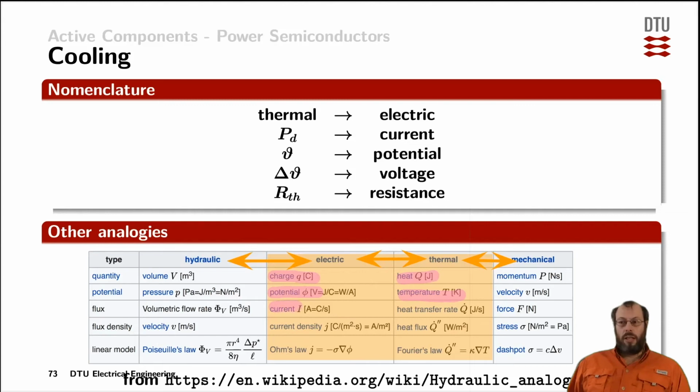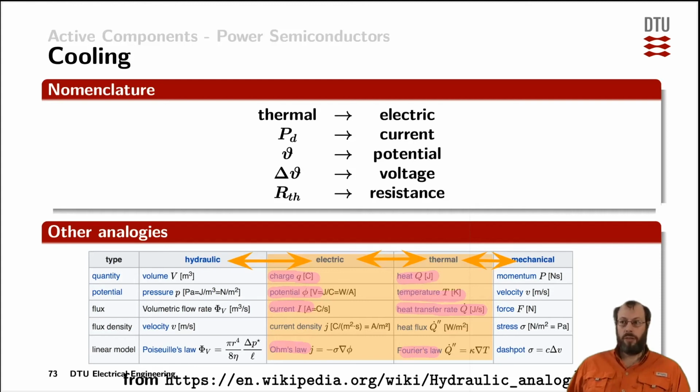The electrical current in ampere can be converted into a thermal equivalent of a heat transfer rate, which is measured in joules per second, which by itself is equivalent to watts, as we have used in the previous slide. And finally, we have used Ohm's law by representing the thermal resistances through an electrical resistor.